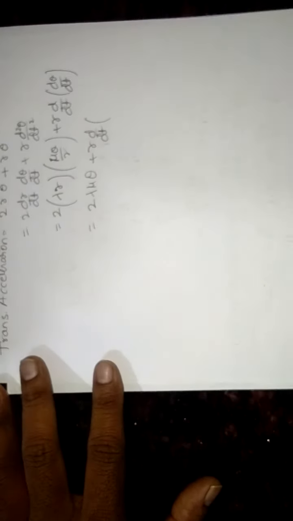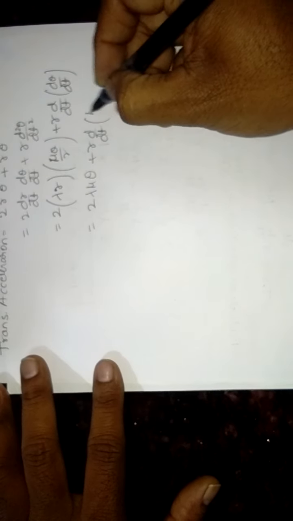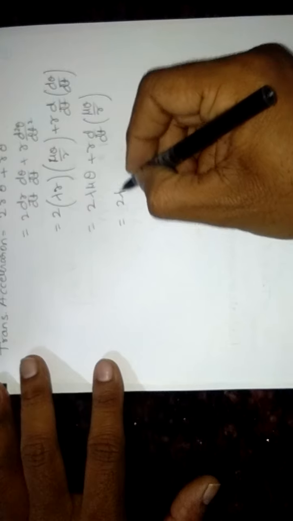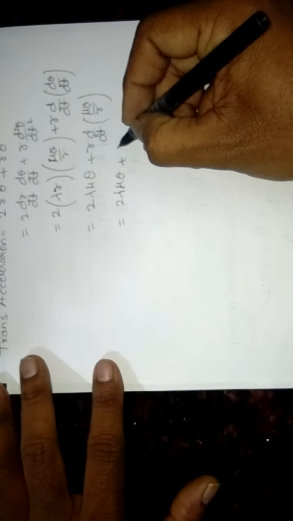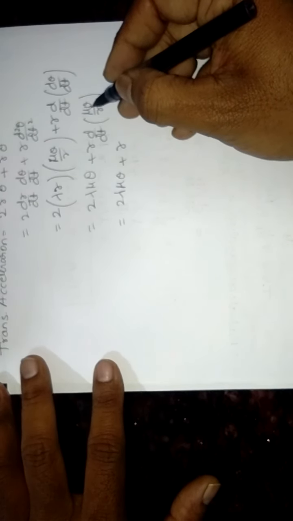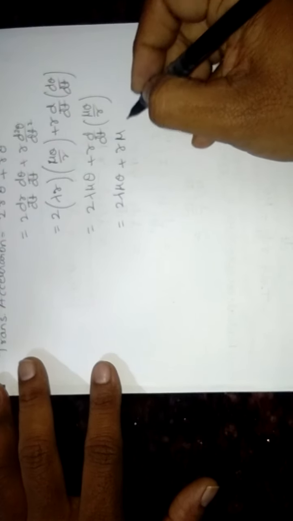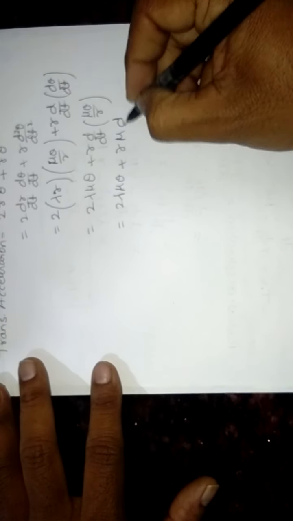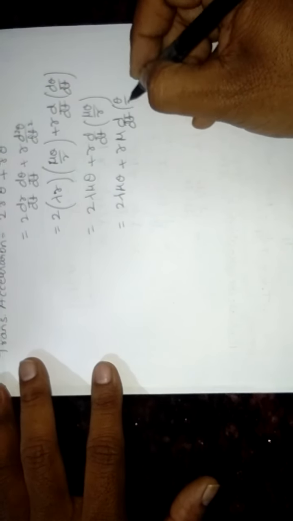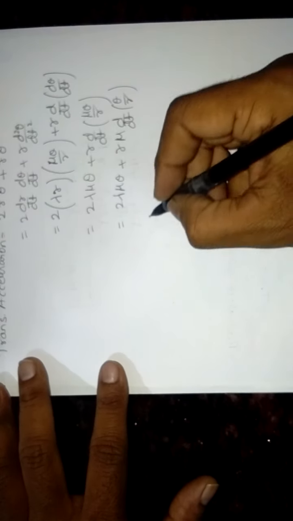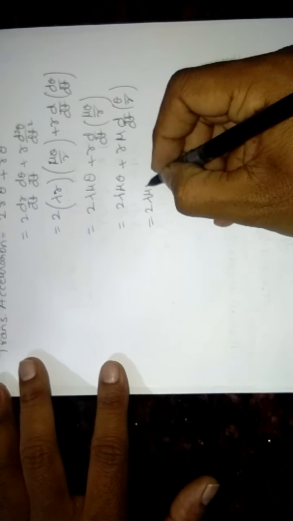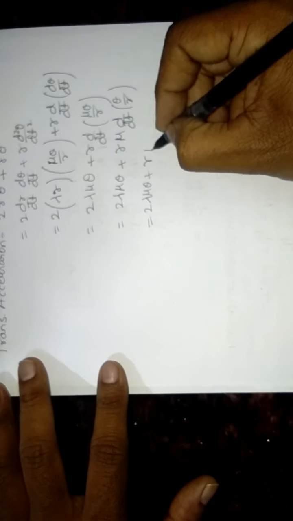Already we have written this, d theta by dt means mu theta by r. So that is mu theta by r, which is equal to 2 lambda mu theta plus r into, again here mu is constant, take mu outside, then this is d by dt of theta by r, that is 2 lambda mu theta plus r into mu.